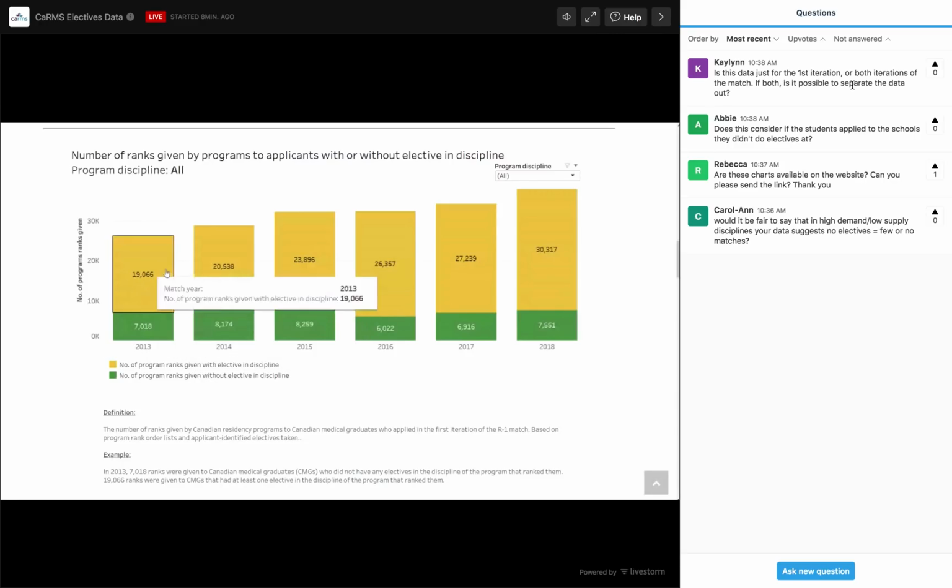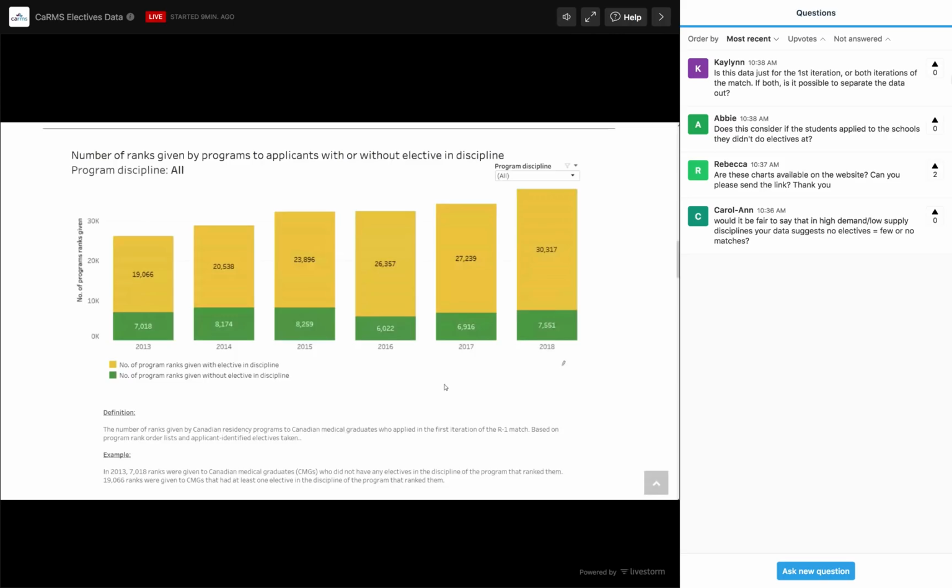Because applicants apply to multiple programs, in many cases they receive multiple ranks in multiple programs, and often in multiple disciplines, so you will see much more than the number of applicants reflected in the number of ranks. For 2018, the better part of 38,000 ranks in total. So there are lots of duplications of applicants across both disciplines and faculties.